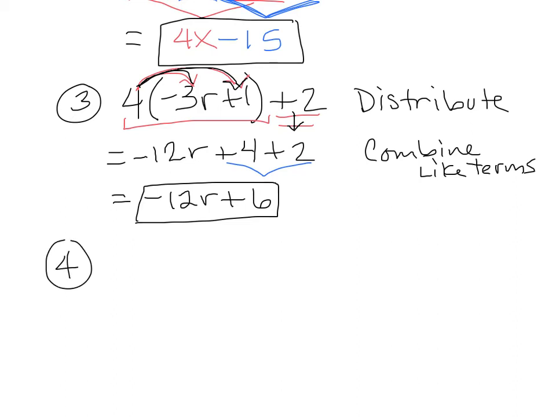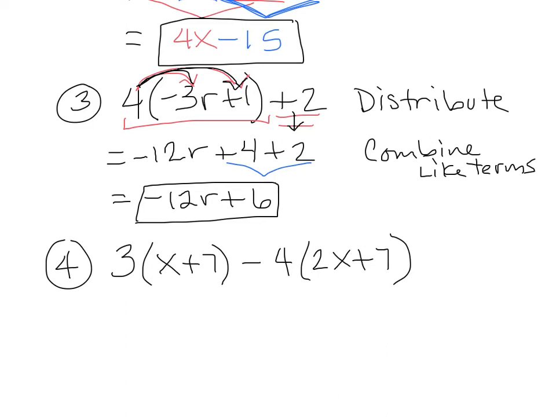Ideally, I'd like to go to this step here, where we have 2 steps of the distributive property. So 3 times x plus 7 minus 4 times 2x plus 7. Okay, so I have 2 sets of parentheses. We need to distribute 2 different times, right? So the 3 is distributed to the x plus 7, and we get 3x plus 21.